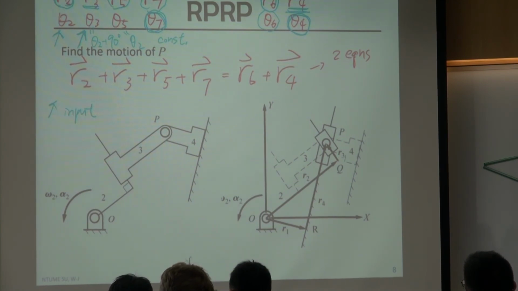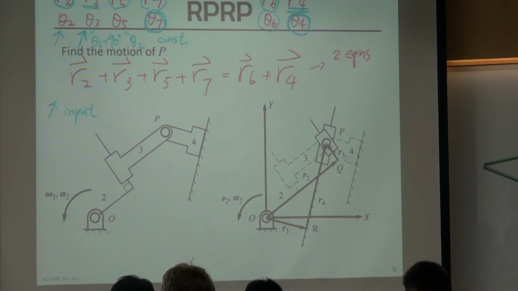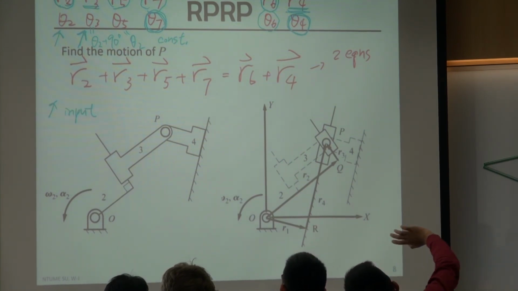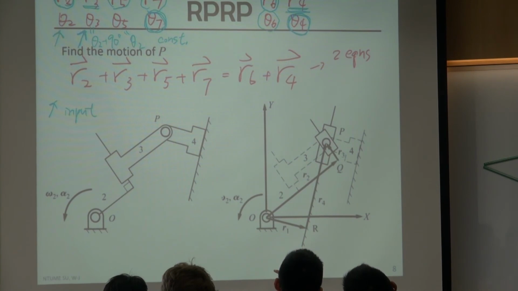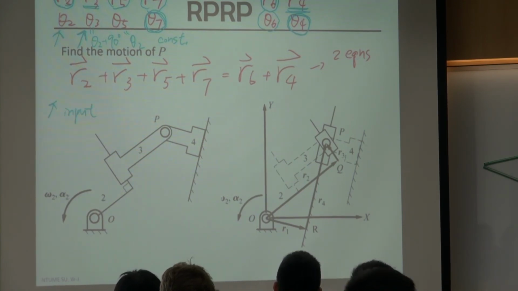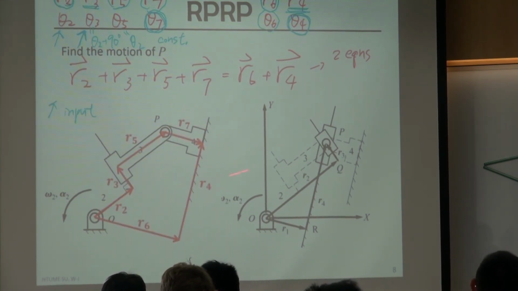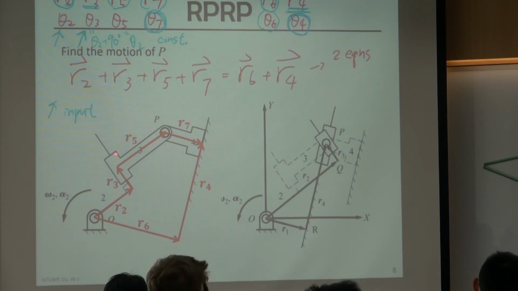Right now I have R2 plus R3 plus R5 plus R7 equals R6 plus R4. I write it this way because I'm following my order: R3 is after R2, R5 is after R3.